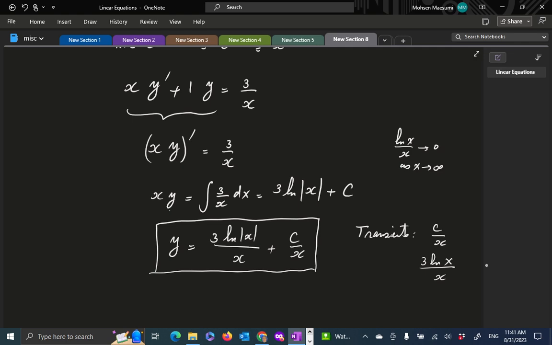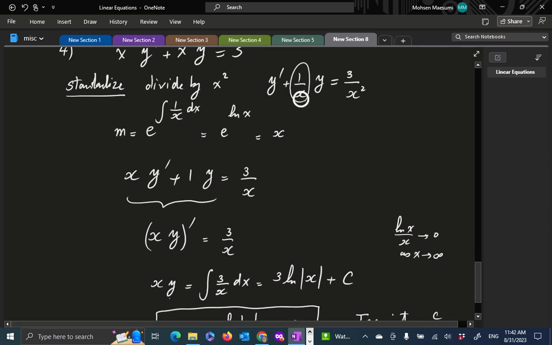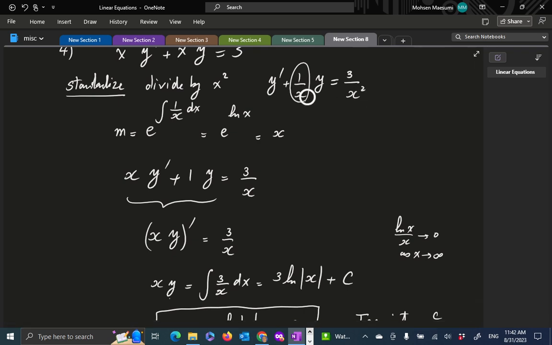Now, an interesting issue comes up, which is, well, what's the domain of the solution? You see quite a few red flags. When you look at the standardized equation, you notice that you have a function 1 over x and 3 over x squared.